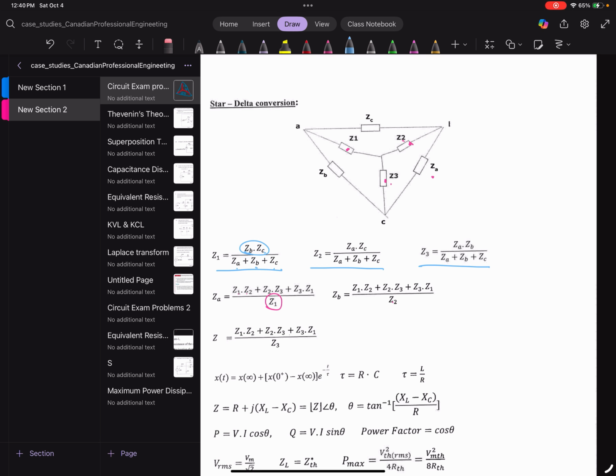But which two? For example, Z1 is connecting ZB and ZC, it's between ZB and ZC, so it has to be the multiplication of the two. For Z3, it's going to be ZA multiplied by ZB over the summation. So that's how we can remember this, or you can just keep going back and forth to the cheat sheet.